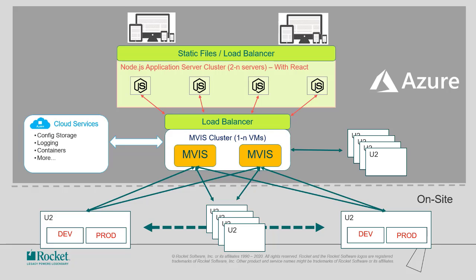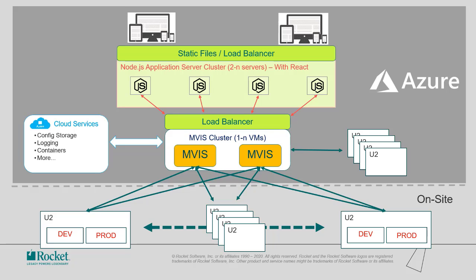There's a lot going on in this picture here, I know. The main takeaway has to do with what's in the middle layer. It basically focuses around the multi-value integration server cluster. That's doing the heavy lifting, load balancing, and the pooling and managing of those RESTful services across the board on different U2 servers, either located in the cloud or on-premise, basically being able to support this hybrid architecture.